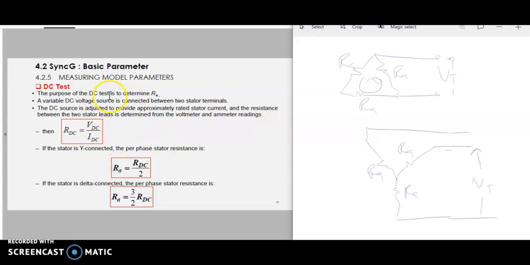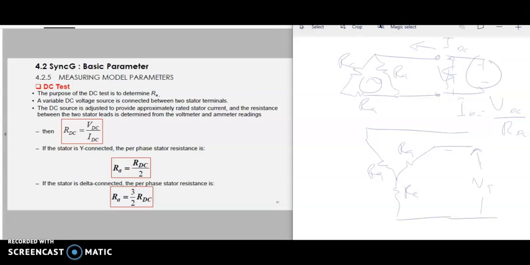Now we are doing the DC test to determine RA. So we take out the generator, so we don't measure the voltage. Instead, we put in a DC source, positive and negative, to the terminals, and the current that flows into your circuit, IDC, is equal to V DC divided by R DC.